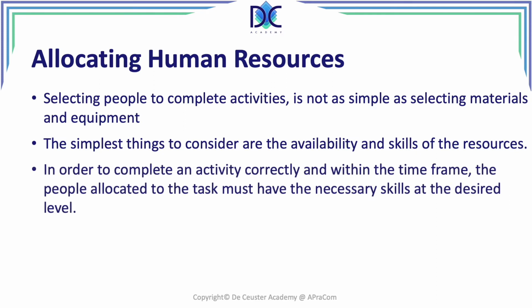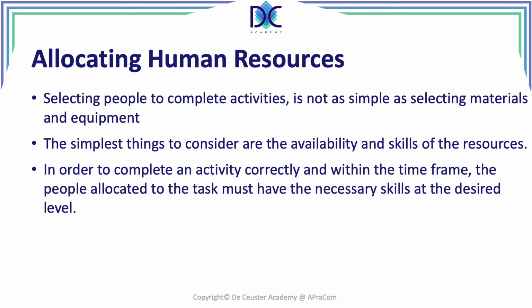Now, when we look at the completion of an activity, and to complete it correctly within the reserved time frame, the people that we allocate to the different activities must have the necessary skills at the desired level.